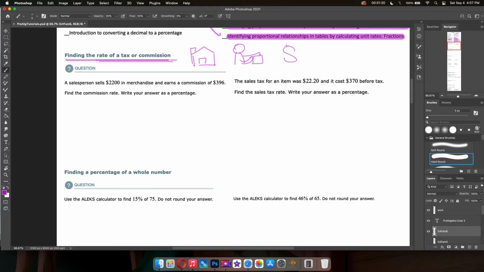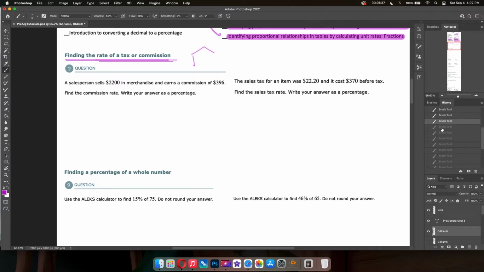So when I'm shelling out my money, I'm not just shelling out money for the house itself, but I'm also shelling out extra money that is being given to the person who sold me the house. That's what we're looking for right now. And that's ultimately what we're being asked to find for this particular problem.